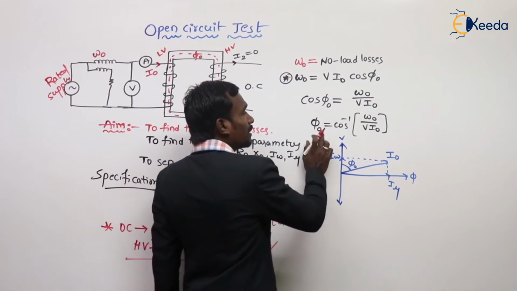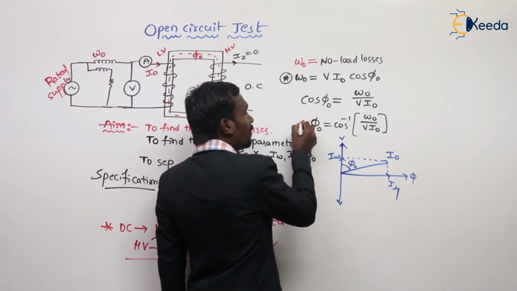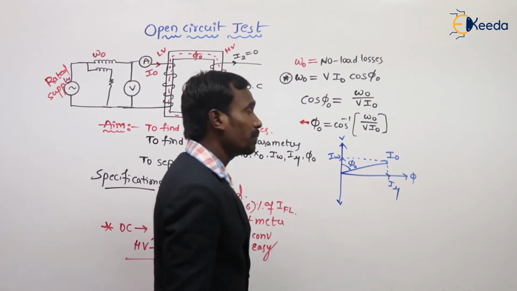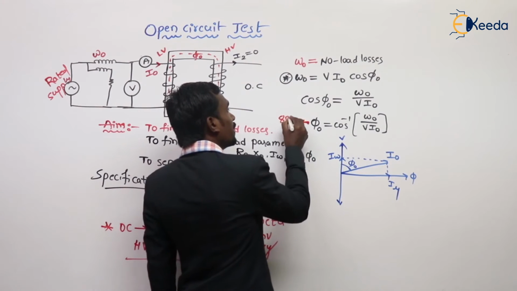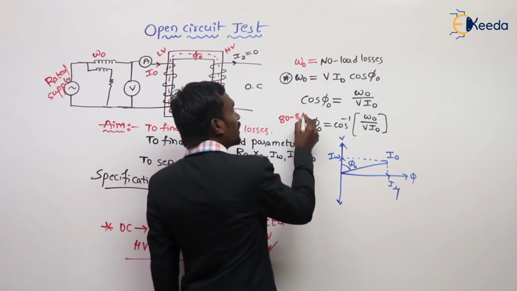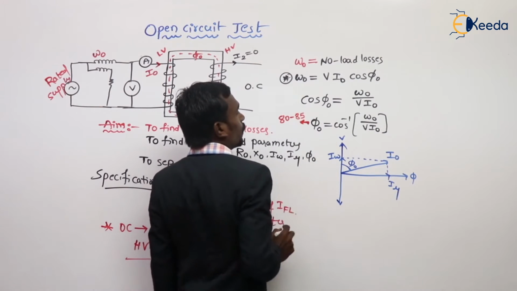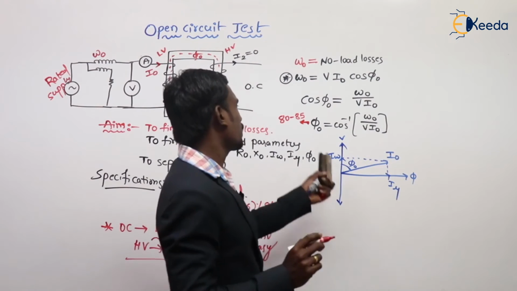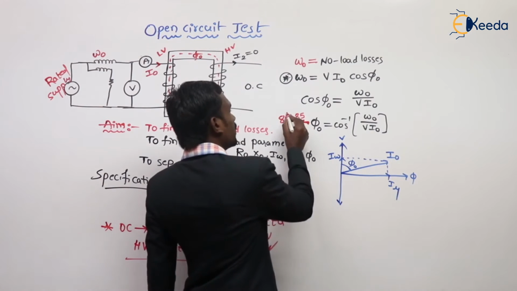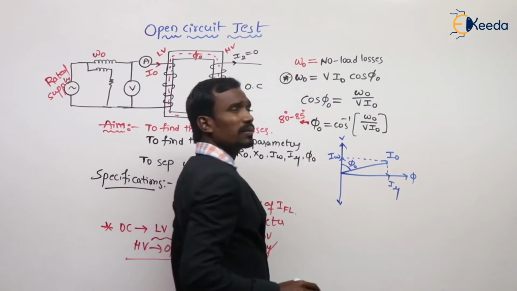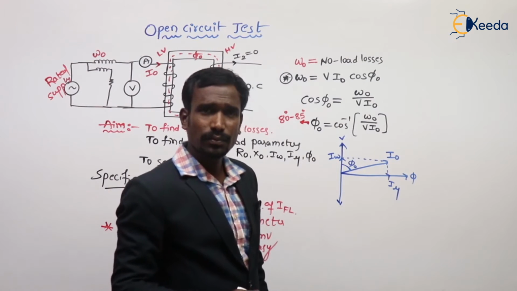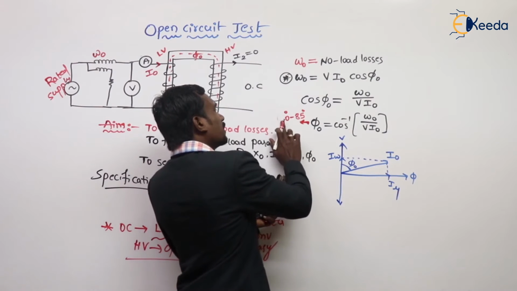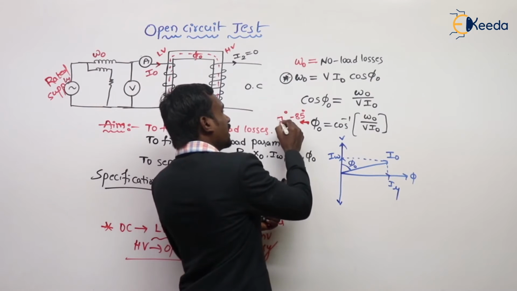Generally, this phi naught value for our transformer is around 80 to 85 degrees. Mostly 75 to 80 in the range.